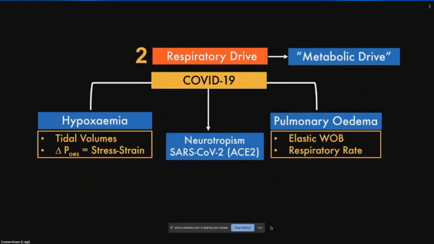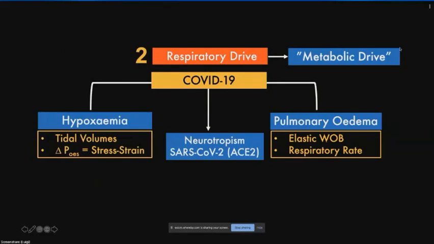The other important point on the other side is the pulmonary edema. That leads to an elastic work of breathing and an increase in respiratory rate. So in a way, when the respiratory rate increases, already the stage of increase in tidal volume is past, and therefore the disease is more severe.